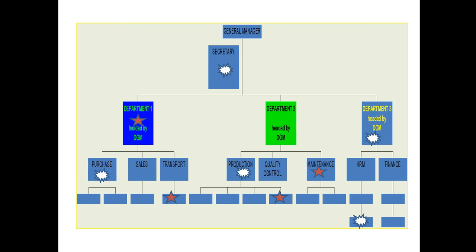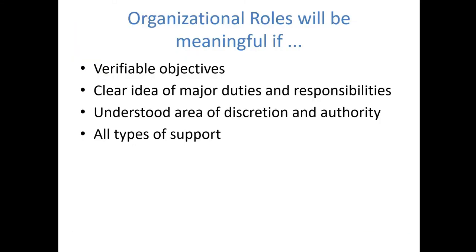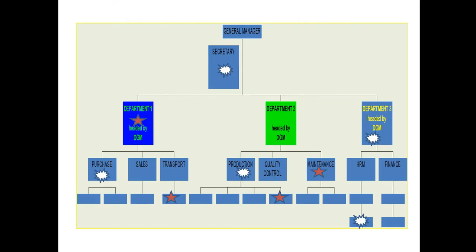Therefore, within the formal structure, you can have an informal organization also. One more thing to be noticed out here is that this informal group does not depend on the hierarchy. You can see that these are people from different levels in the hierarchy, and they have formed their group.